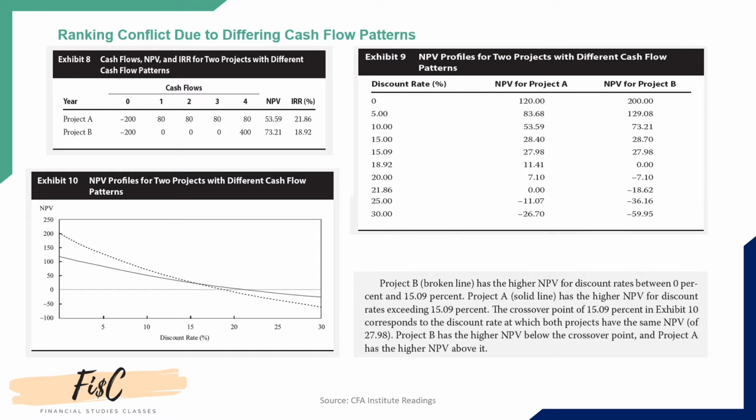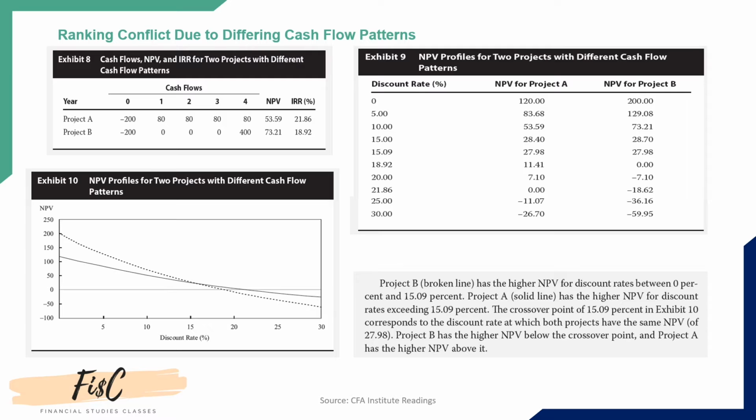Also, you can see that the IRR in exhibit 9 of project A is higher than project B. So in this case, if we just go by IRR, we may take a wrong decision to select project A, whereas in reality, if your company's discount rate is below 15%, you should choose project B instead of project A.